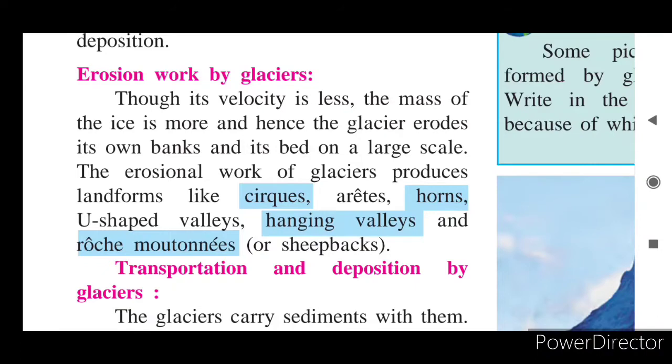First is given here cirque. Next are arêtes, then horns, U-shaped valley, hanging valley, and roche moutonnée. So these are the landforms formed because of the erosional work of the glacier. Now we will study them.